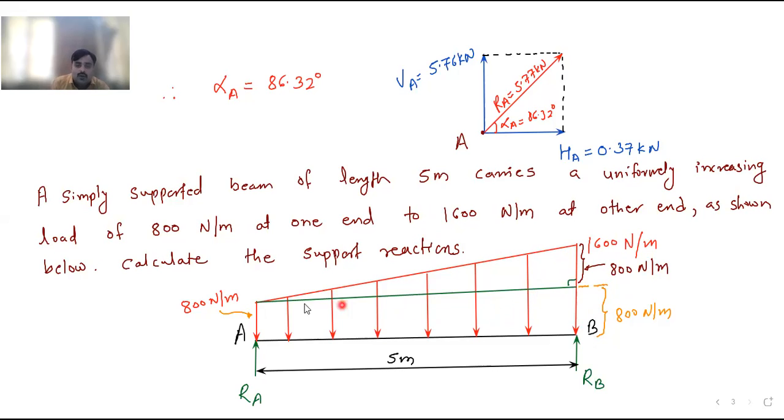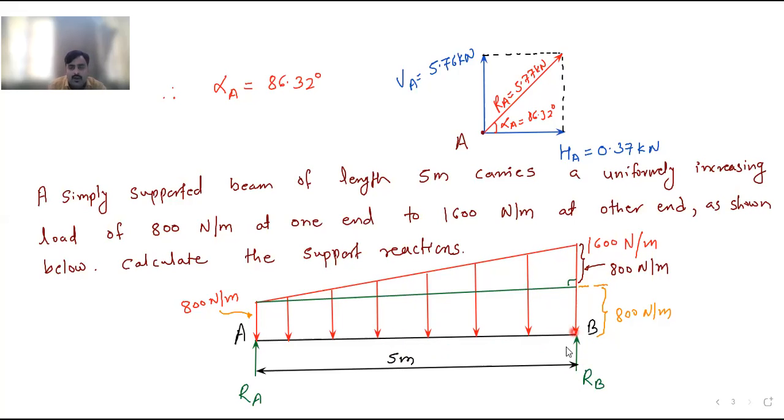So now I have got these two loads. One is the UDL, another is the UVL. Now my problem has become very, very simple. See, now pay attention. This is the rectangular load, so I can convert it into a point load easily and take the moment.